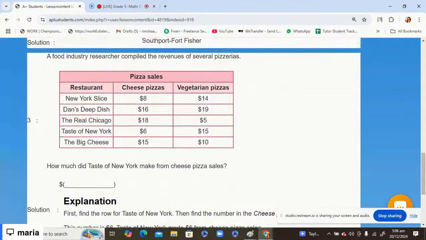A food industry researcher compiled the revenues of several pizzerias. Restaurants are given, then the cheese pizzas and the vegetarian pizzas. Pizza sales are given for the restaurants: New York, then Dan's deep dish, the real Chicago.